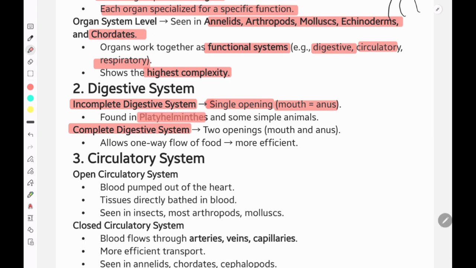For example, platyhelminthes and some simple animals. A complete digestive system means there are two openings, mouth to anus, allowing one-way flow of food. This is more efficient, like in human beings and most land animals.